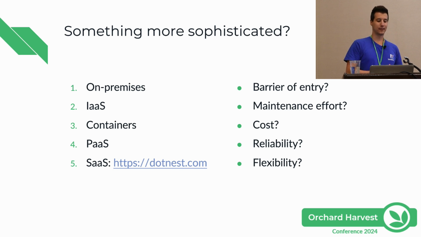Obviously on premises has the largest one, but there's also maintenance effort, how much it costs, is there an upfront cost or is it just a monthly cost, and how reliable and flexible it is. Those are really hard questions sometimes, but for now, like I mentioned, we are going to go with option number 4, which is platform as a service.